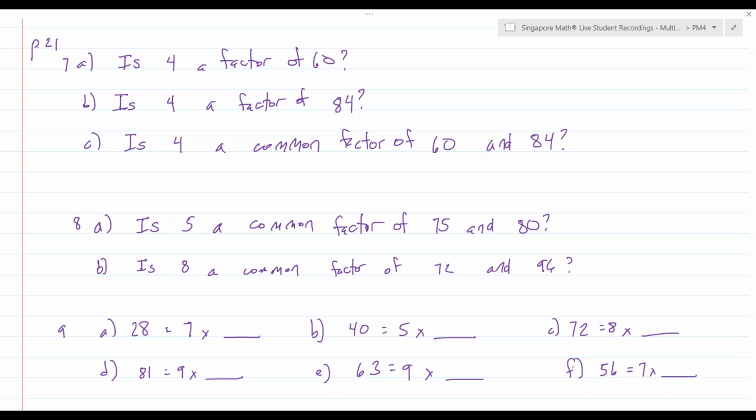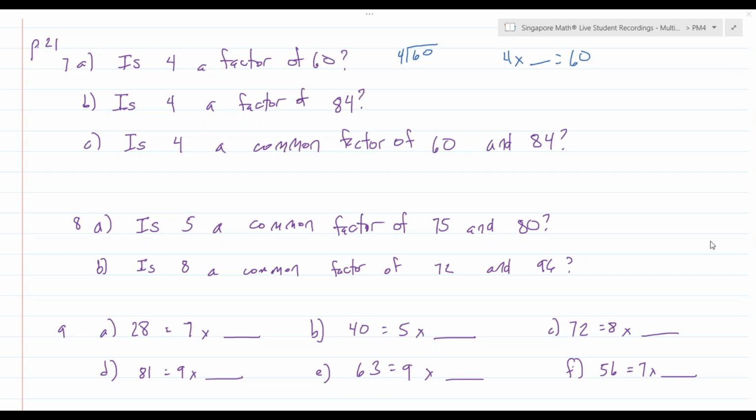Number 7 asks, is 4 a factor of 60? There's a couple of ways you could do it. 60 divided by 4, that's a perfectly good way to do it. I could think of 4 times something gives me 60.